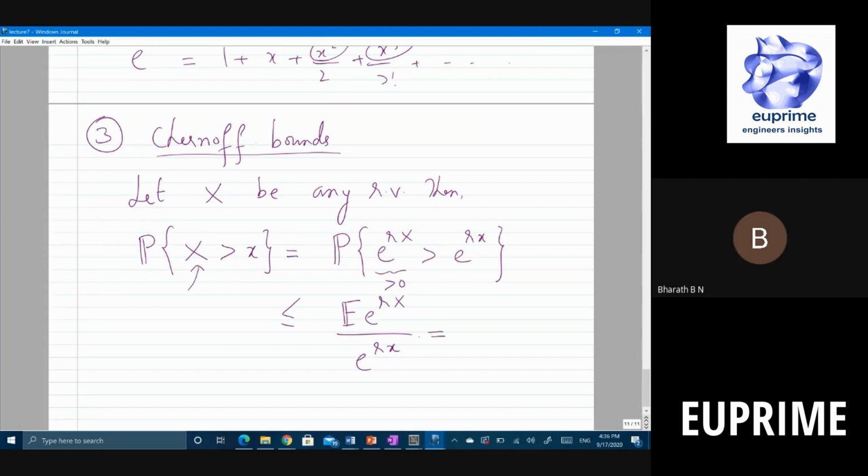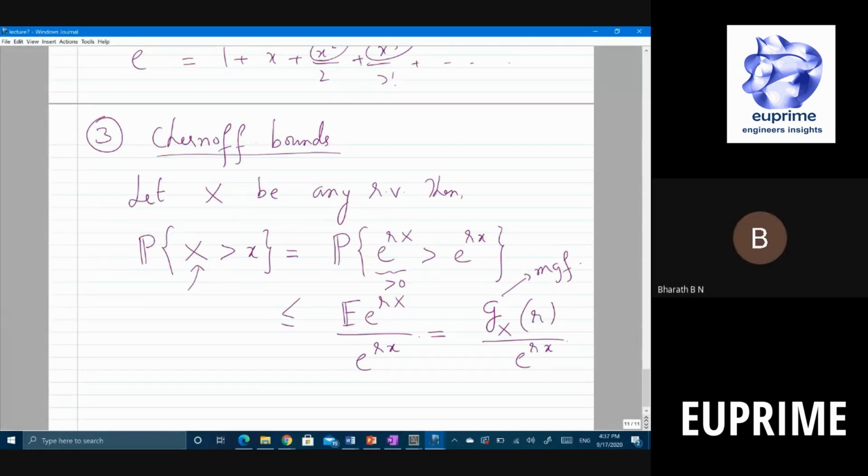What is this, by the way? In our definition, this is G_X(r), the moment generating function, the MGF. Is this fine?